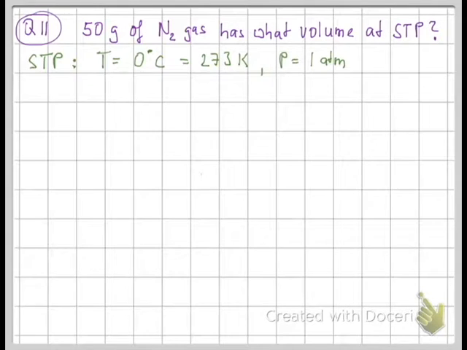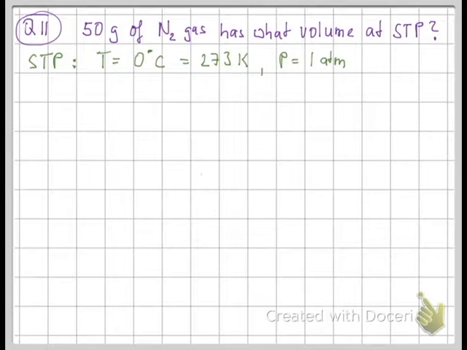And here you have 50 grams of nitrogen gas. Oh boy, what do we do there? We need a law that somehow helps us relate mass of a gas to something we can work with, some gas law. And the best gas law that can work with this is actually PV = nRT.